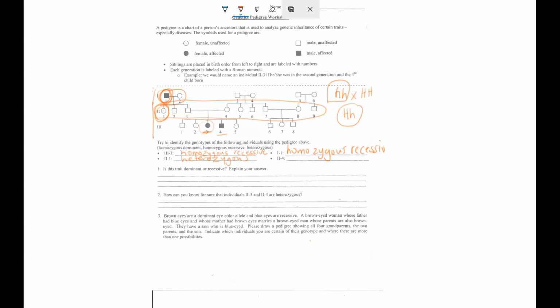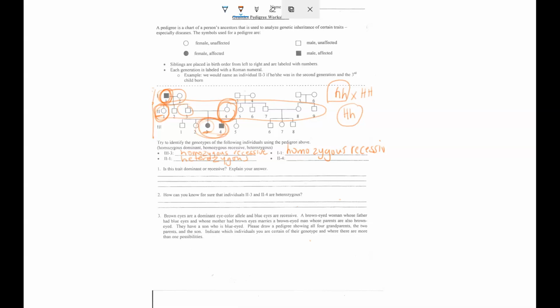And then the last one here is number 2-4, which is right over here, generation 2. This female from another couple marries this male from this couple, and they both are unaffected because they're both not shaded, but they have children. They have 1, 2, 3, 4, 5 children altogether, 2 of which are shaded.